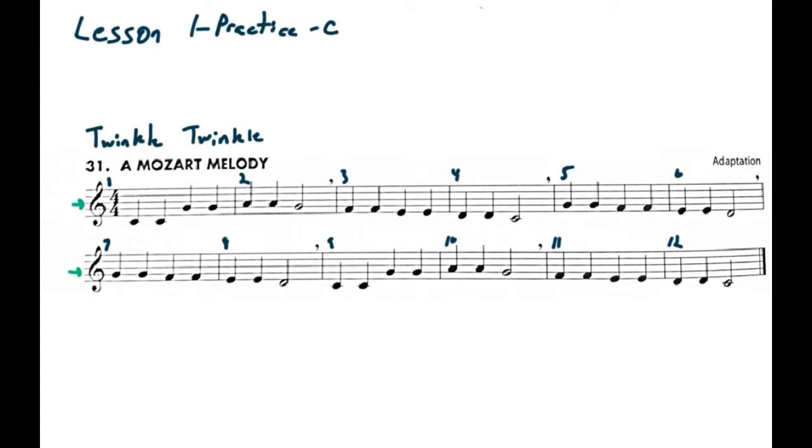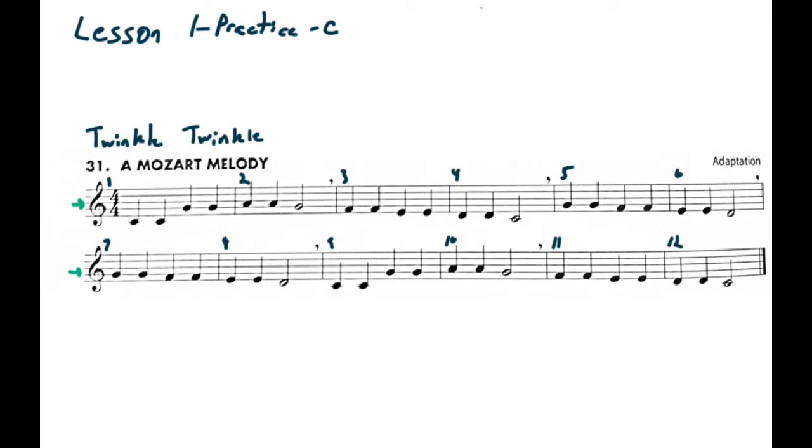If we were reading a viola part, we would see an alto clef. If we were reading a trombone part, those of you in my 5th period who play trombone, you would see a bass clef on your part.